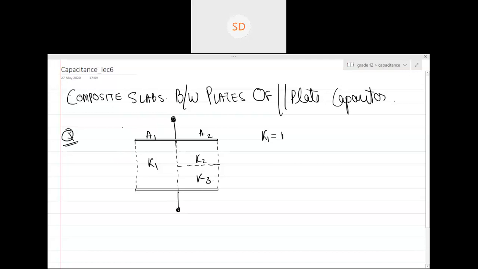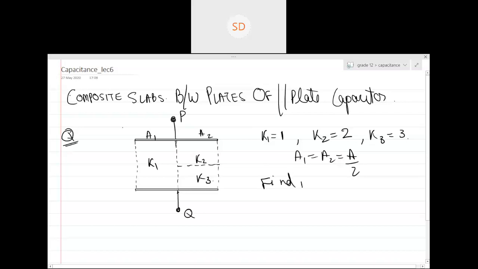K1 is basically 1, K2 is basically 2, and K3 is basically 3. A1 equals A2 equals A by 2. Okay. Now the question is, find the net capacitance across B and A. How will you do it, guys?